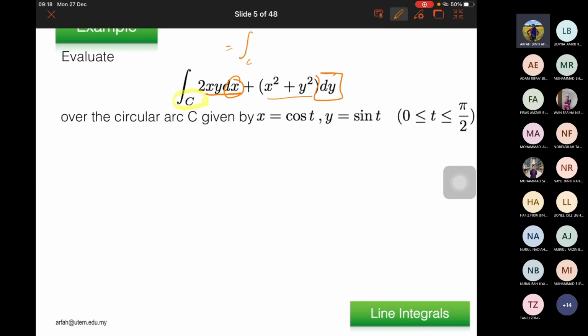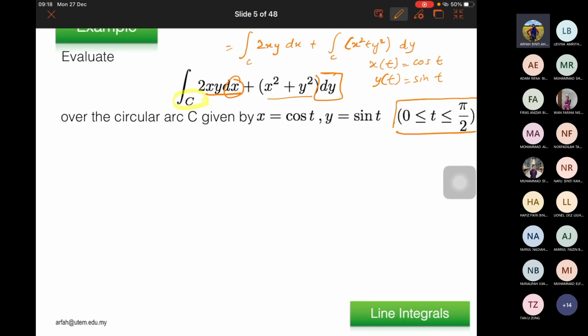So it will be the integration over the curve C of 2xy dx plus the integration over the curve C of (x squared plus y squared) dy. So your x(t) equals cos t and y(t) equals sin t, with t taking the value between 0 and pi over 2.